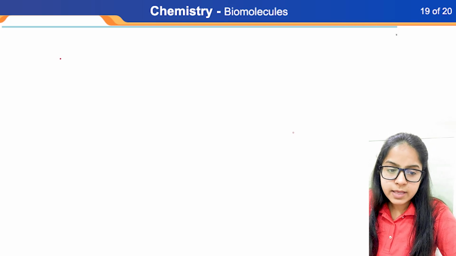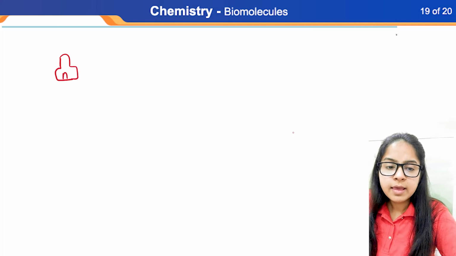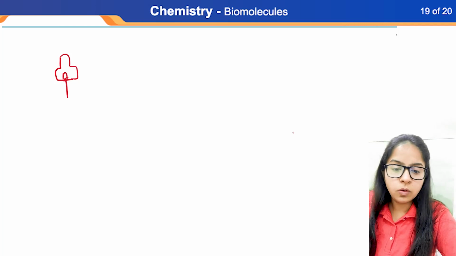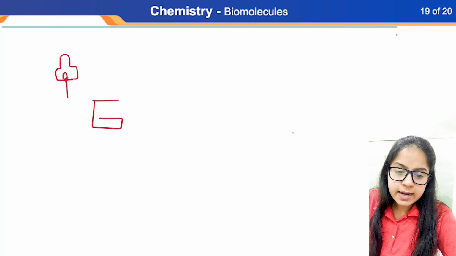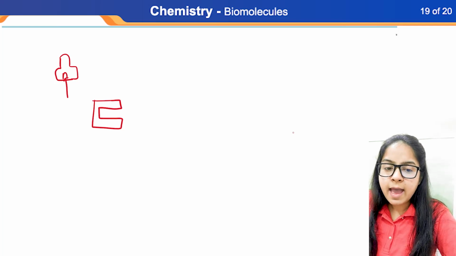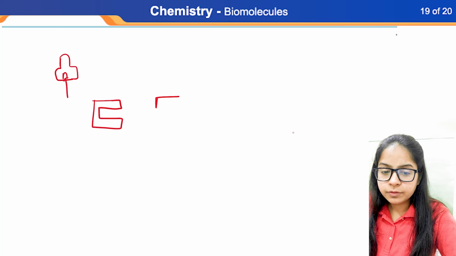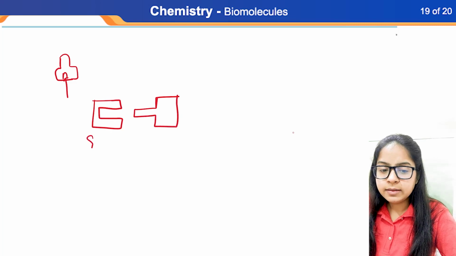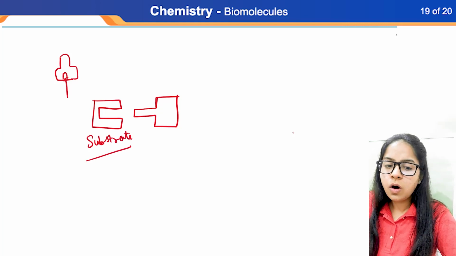Suppose, as you know, each lock has its particular key that you put in to open the lock. Each and every substrate has its particular structure, and an enzyme of that particular shape is going to enter this substrate, like a lock and a key.